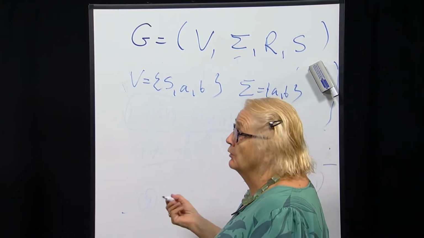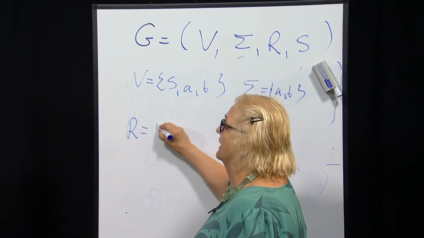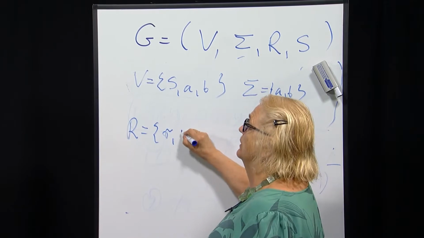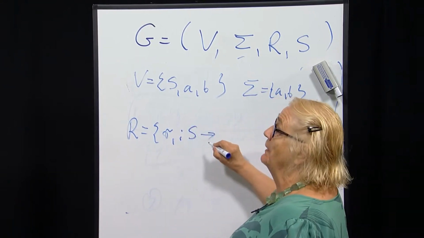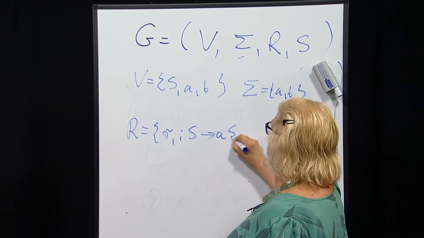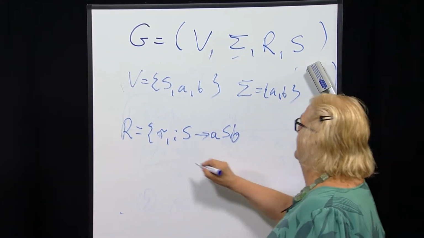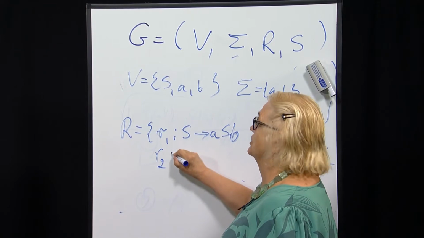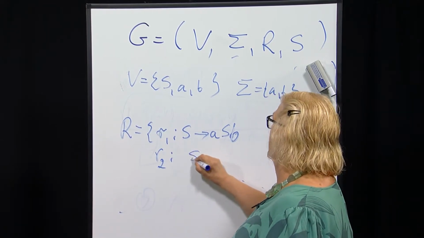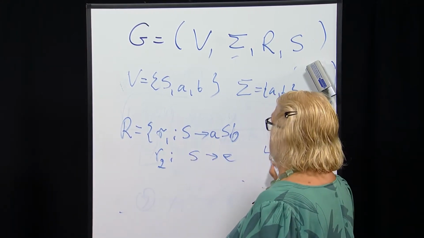And you have rules. Let's say I have one rule which says S replaces A, S, B, and another rule which says S replaces epsilon.